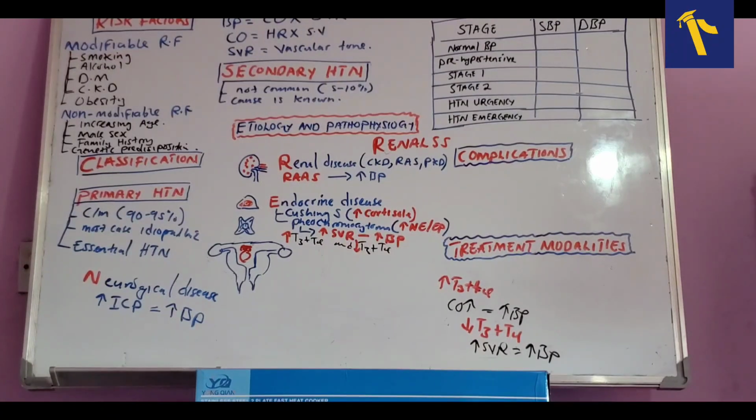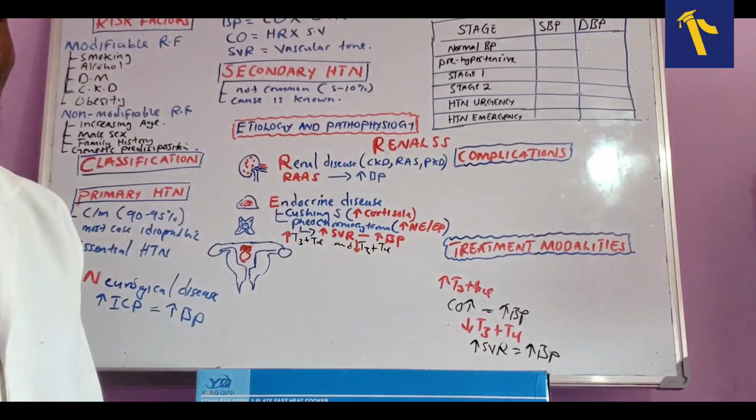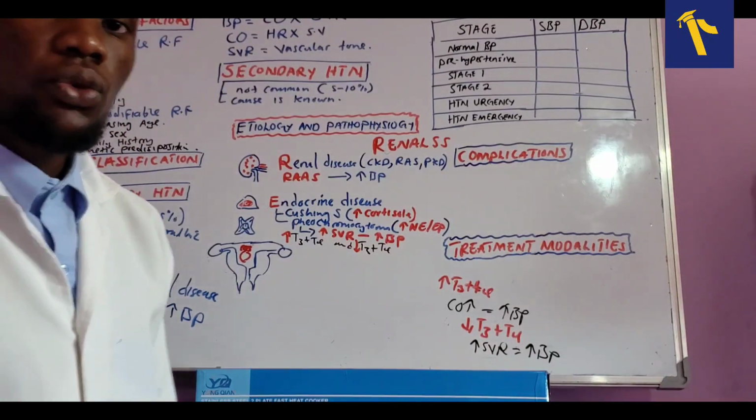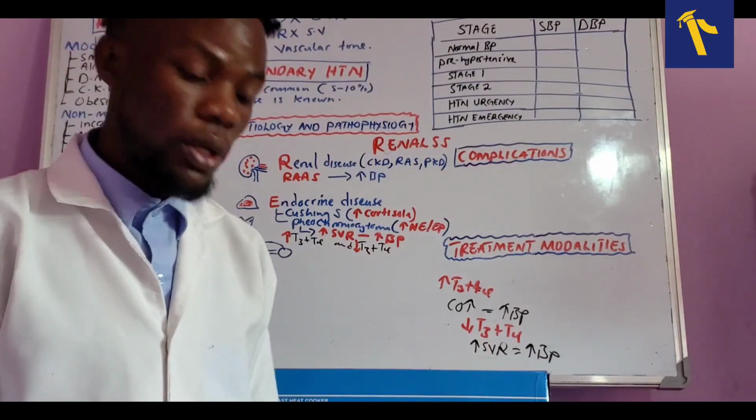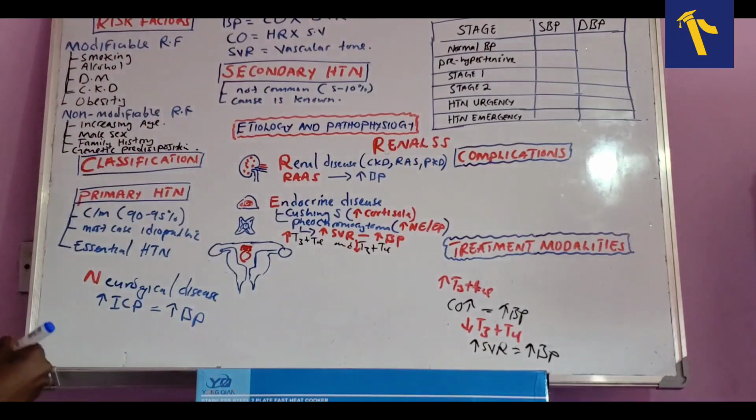Then the other important aspect that they can test you on during an examination is the Cushing triad. They can ask you on this one.